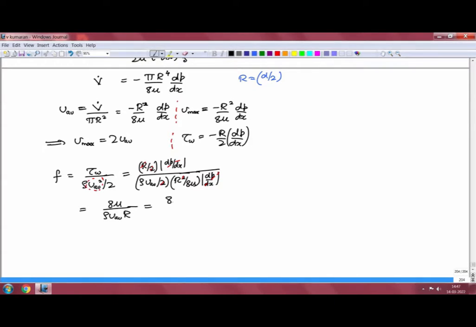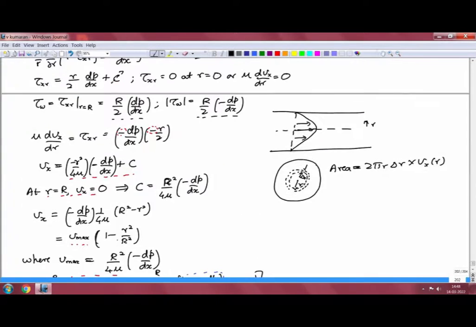So, you will get 8 mu, I am sorry, 16 mu by rho V average times the diameter, which is actually 16 by Re. 16 by Re is the correlation for the friction factor for laminar flow in a pipe, where the Reynolds number is equal to rho V average times d by mu. So, I have derived for you the friction factor correlation for laminar flow in a pipe.